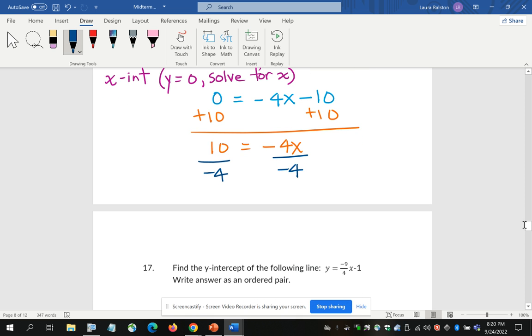So I have x equals negative 10 fourths, but that simplifies to negative 5 halves. And we're asked to write it as an ordered pair, so we'd have negative 5 halves, comma 0.